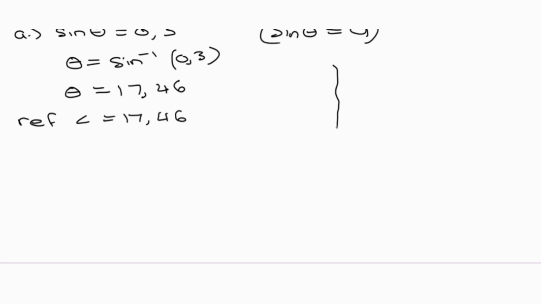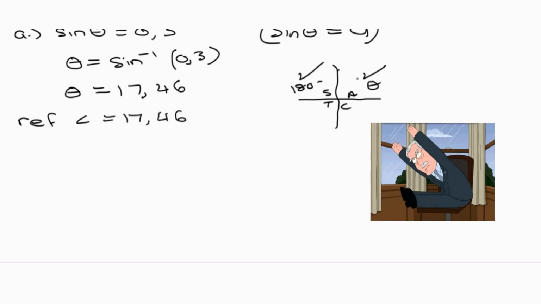Now you tell me, what quadrant is this in? If you said this quadrant and this quadrant, you are correct. And remember, we reduce in this quadrant between 180 minus, and we don't reduce in the first quadrant, because remember the first quadrant is 0 to 90 degrees. That is an acute angle.